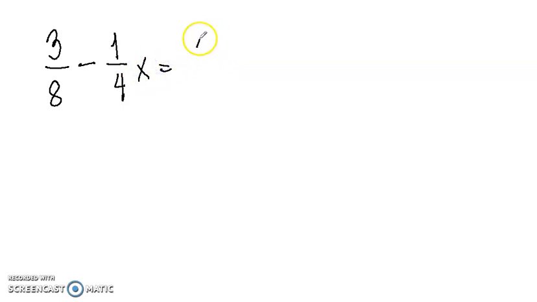Example number 1. If we have 3 over 8 minus 1 over 4x equal to 1 over 2x minus 3 over 4.